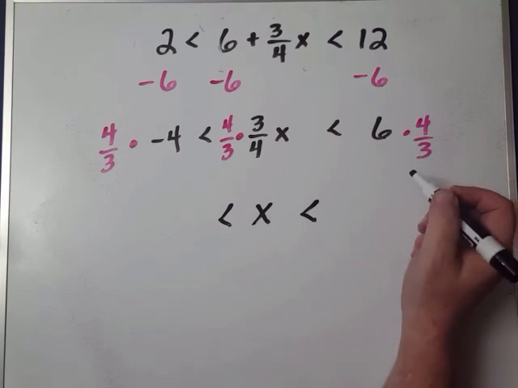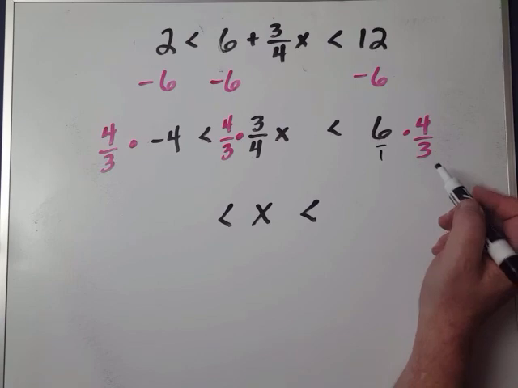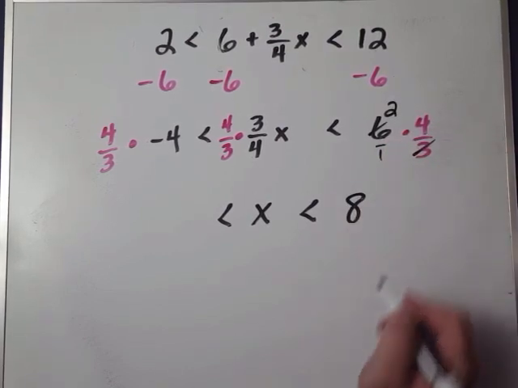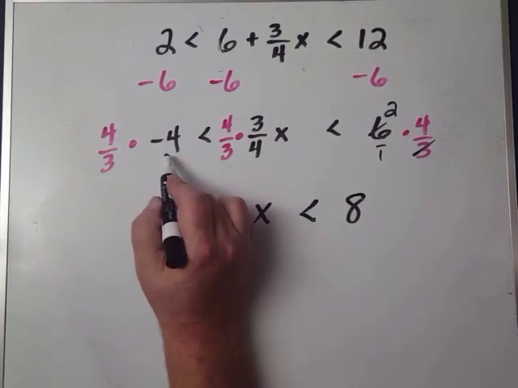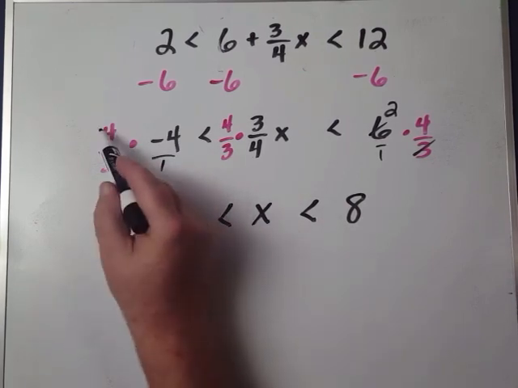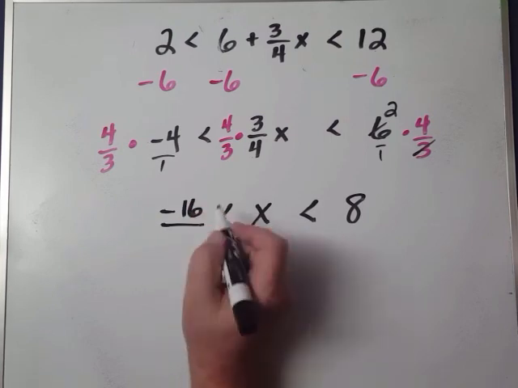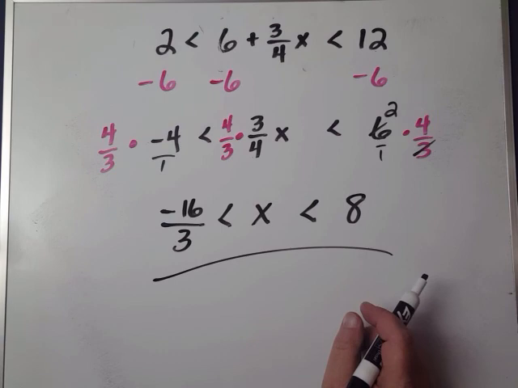Here on the far right-hand side, do you want to see that 6 over 1? 3 goes into 6 twice. 2 times 4 is 8. Over 1, we don't write the over 1. And over here, what do we have? You want to see that negative 4 over 1? Nothing will cross cancel. 4 times negative 4 is negative 16 over 3 times 1 is 3. Same thing that we got before.